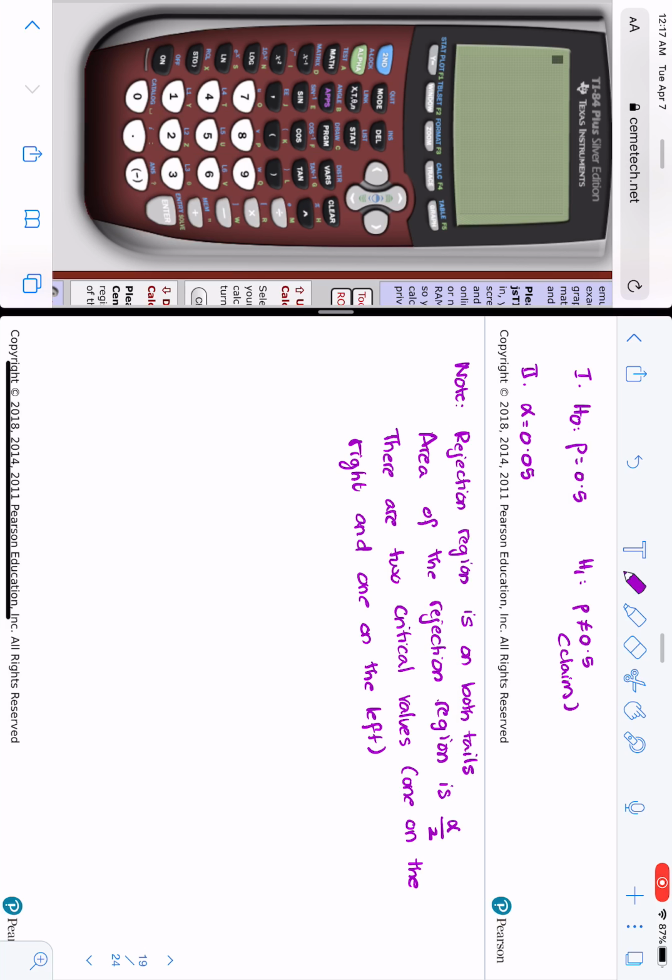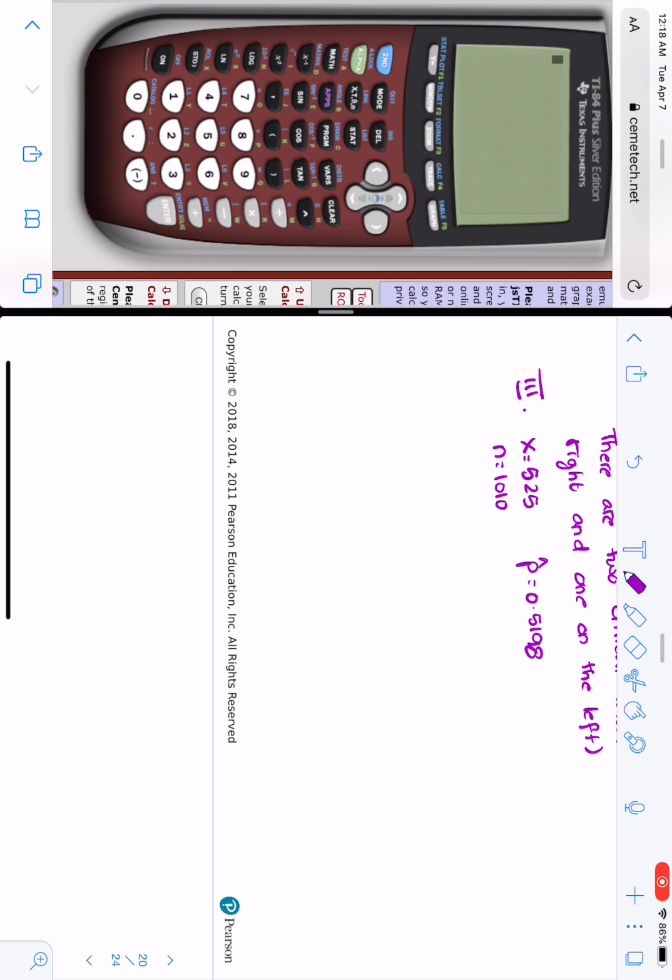So I changed the definition, but I didn't change the data. So everything that we had previously will still be the same because I did not change the data. So x is 525, n is 1010, p hat is 0.5198.